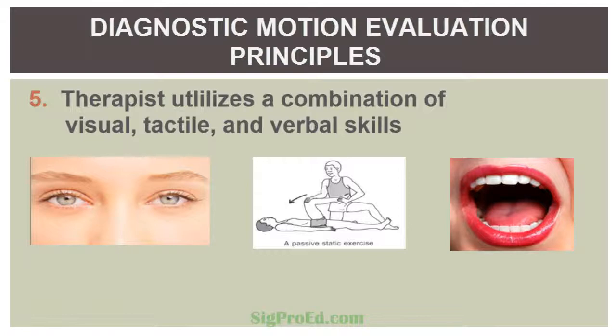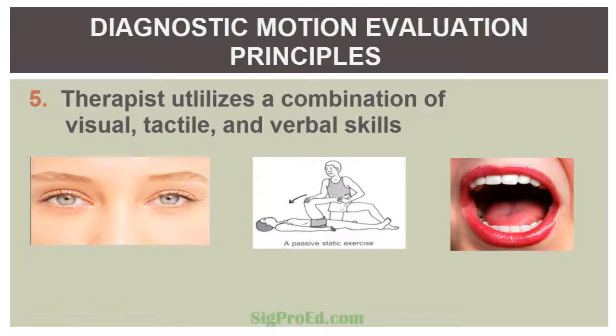Or we can do passive range of motion and feel resistance. Now, we've all felt resistance to passive range of motion, particularly in the other example where I would be palpating the metatarsal heads. I would palpate them and try to push them in the direction of dorsiflexion and feel for resistance. So feeling for resistance would be another way to use the diagnostic motion evaluation principles.